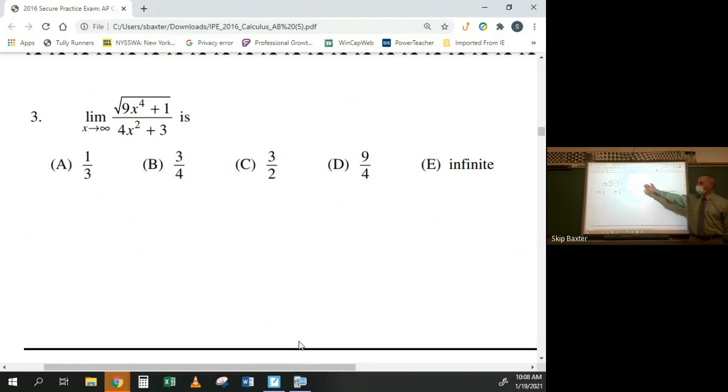The order of the top here is really 2. Even though it's a 4, you're square rooting that whole thing, so it's really 2. The order of the bottom is also 2. If the orders are equal, then you look at the fraction of leading coefficients. This coefficient is 3 and this coefficient is 4, which is why it's 3/4.